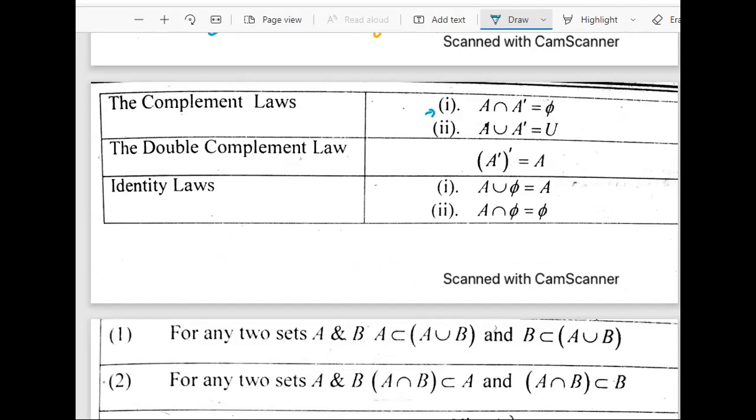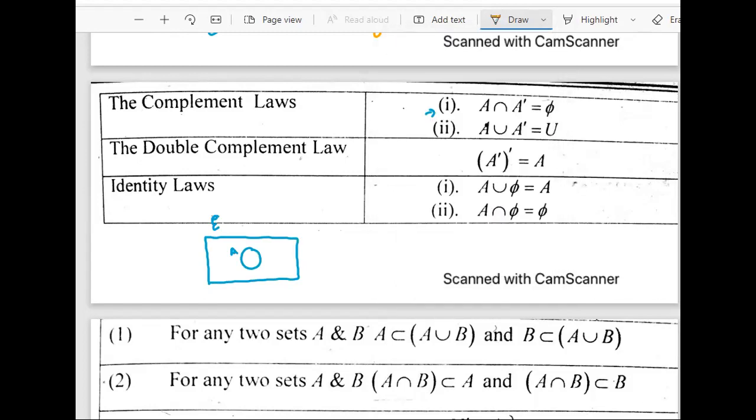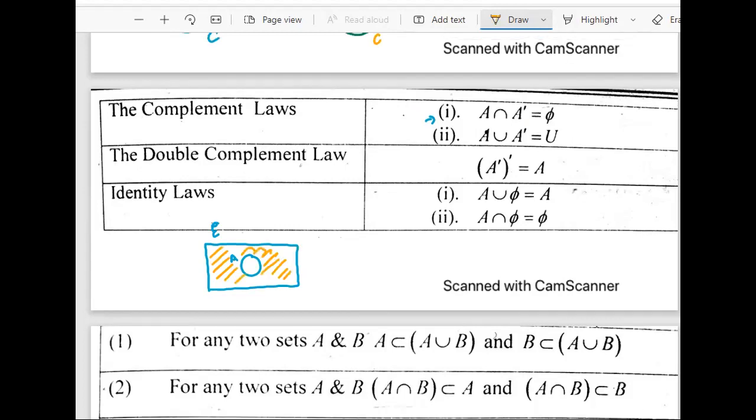Okay. Let's talk about the complement laws. This is the first one: A intersection A complement. Now think about it using a Venn diagram. This is the universal set, and let's say this is A. If I am to shade A complement, I am going to shade every part of the universal set except A. So A intersection A complement is phi.